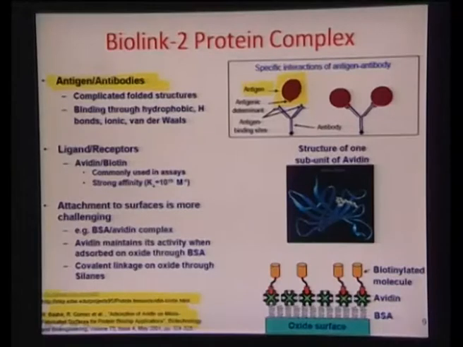Antigens could be infecting pathogen cells, etc. Here, this balloon-like feature is essentially the antigen, and you have these two lighter chain moieties, and this is the heavier chain, the stem of the Y.